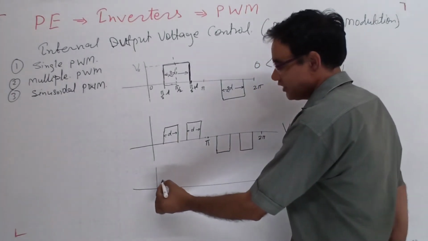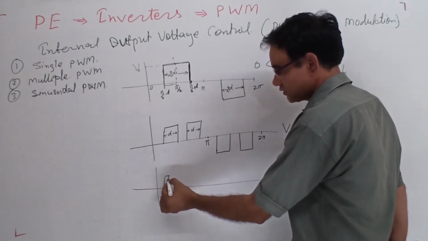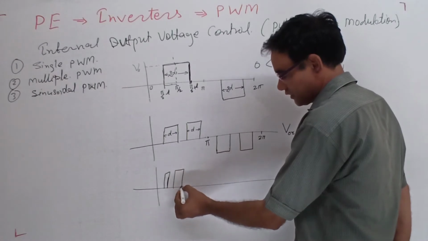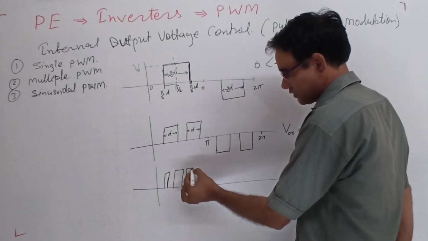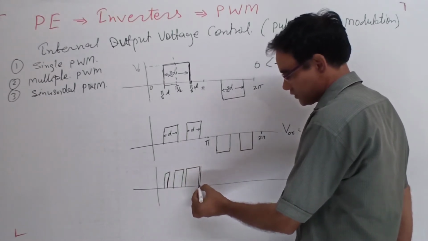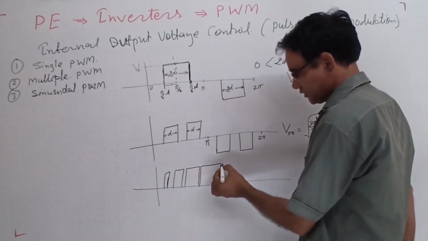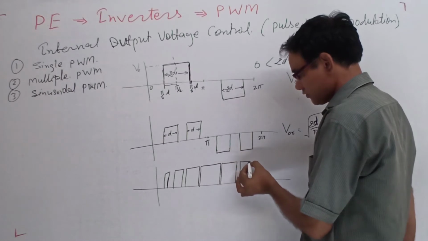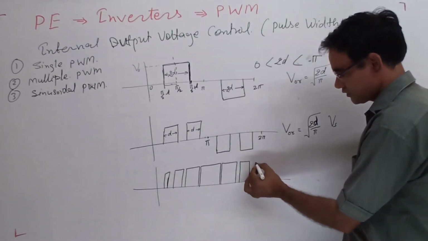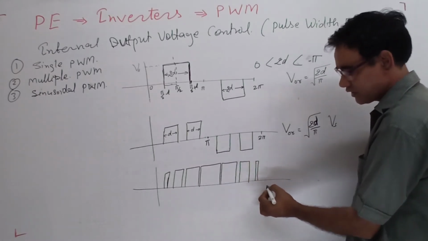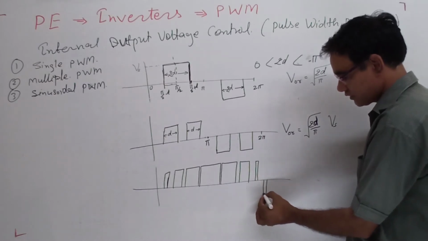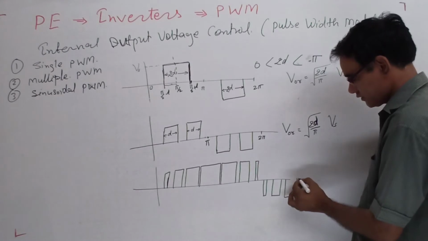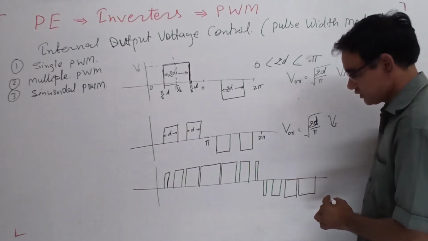Third, sinusoidal pulse width modulation. This is the pulse width here, then this is the pulse width here, and so on for each pulse.